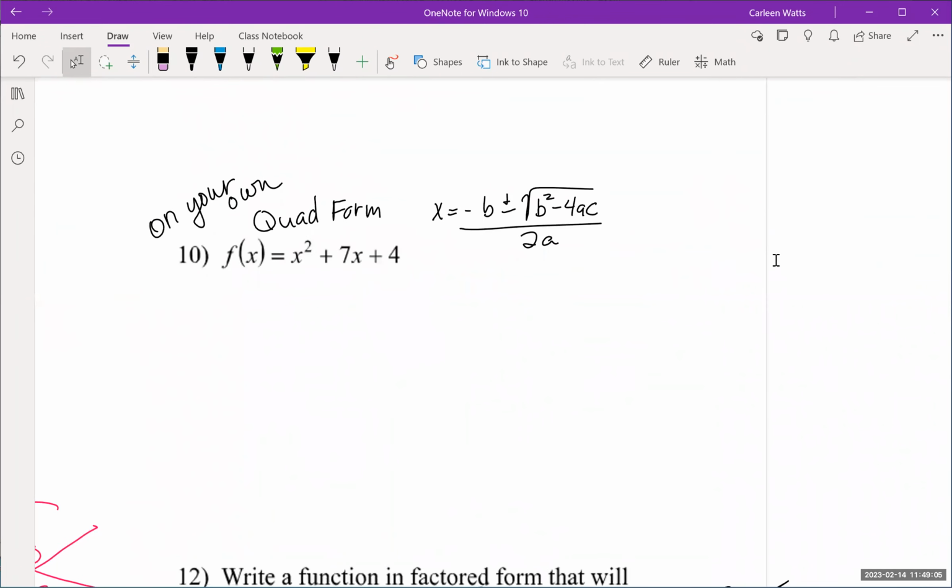On your own, quadratic formula. Yes, you have to do it. Thank you for coming. Oh, can we do number 10? Yes, we will do it together if you want to stick around. Okay, any other quick questions? And then we're going to do number 10.